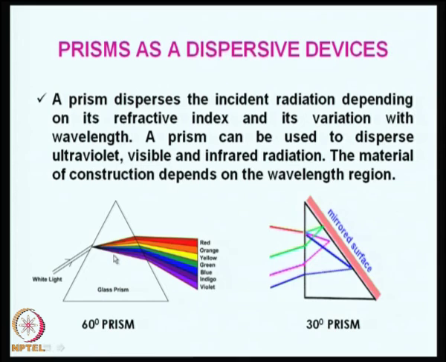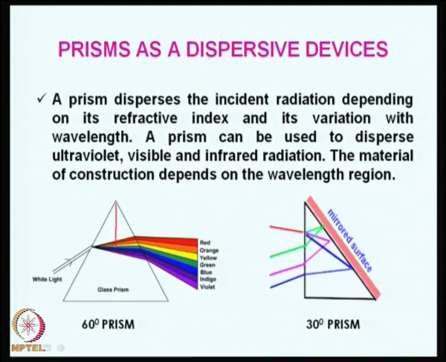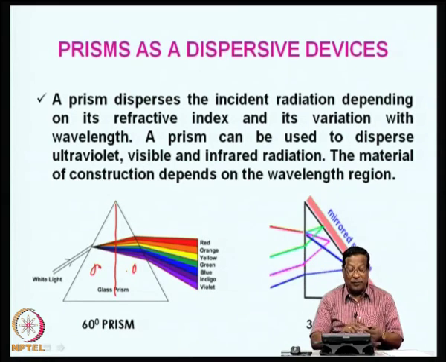One is a 60-degree prism, that is, this angle is 60 degrees, and it can be made by the fusion of right handed and left handed prisms. By fusing them together we can make a 60° prism.